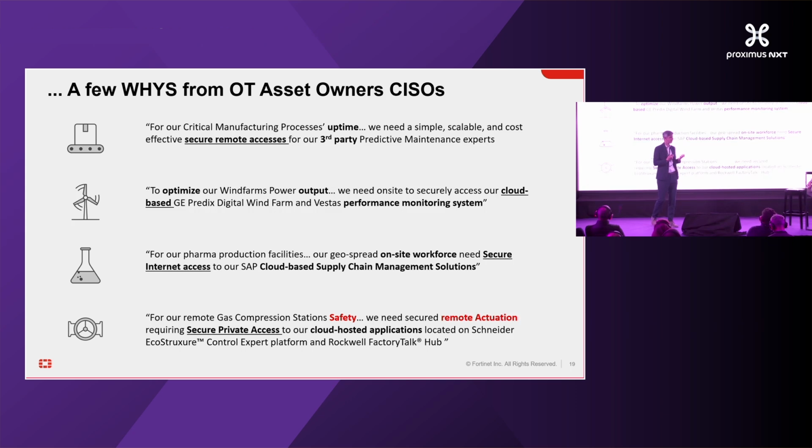There's new things popping up in the market. For example, if you're in manufacturing, you might have seen the new MES platforms, manufacturing execution systems that are being delivered from the cloud. You can go to General Electric, to Schneider, and you can actually buy a SaaS platform for your manufacturing execution system.